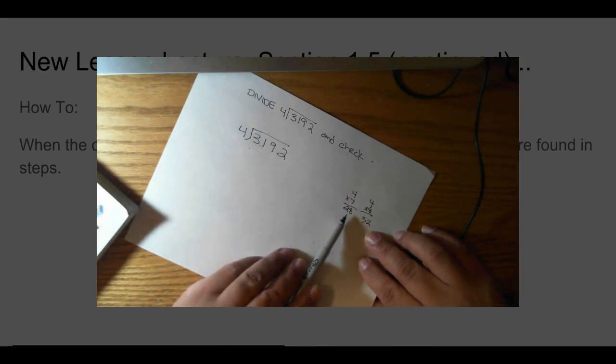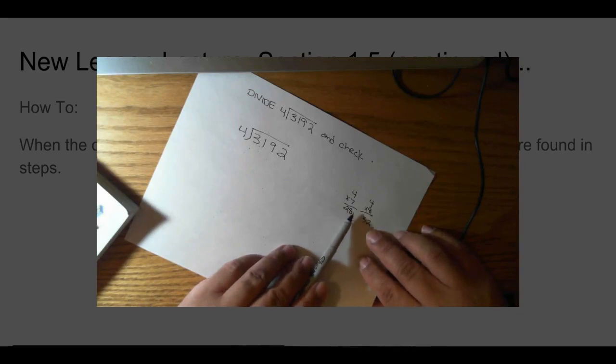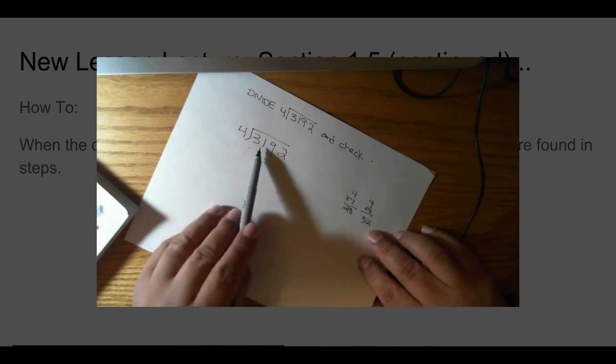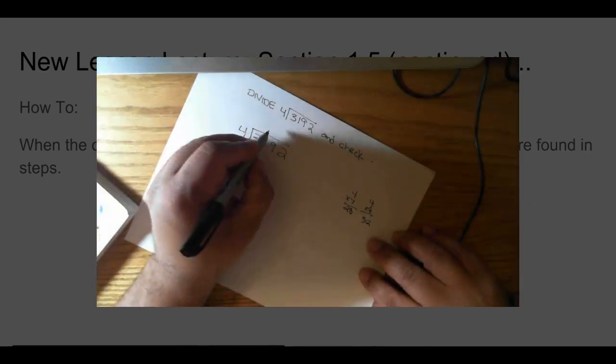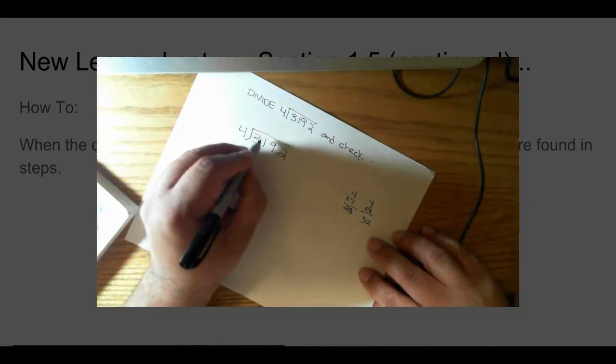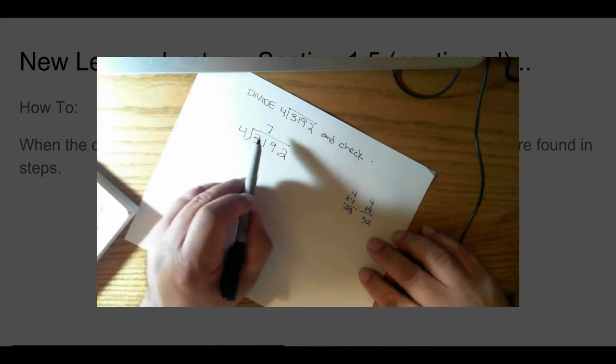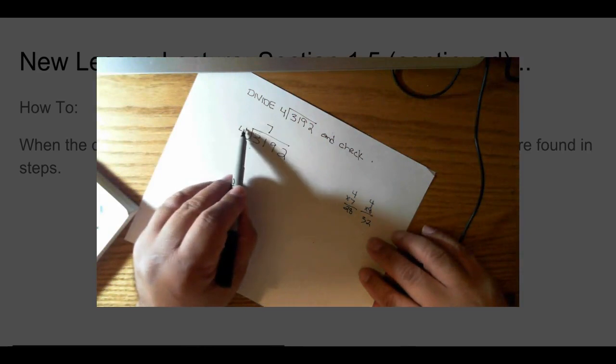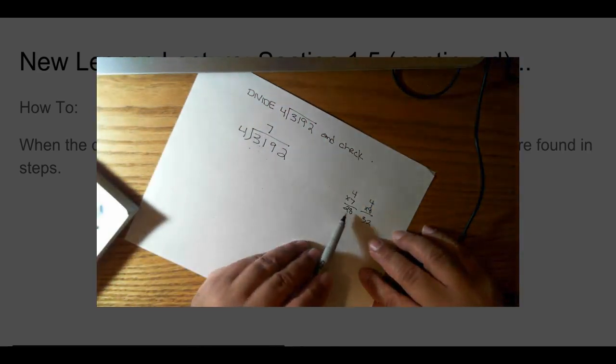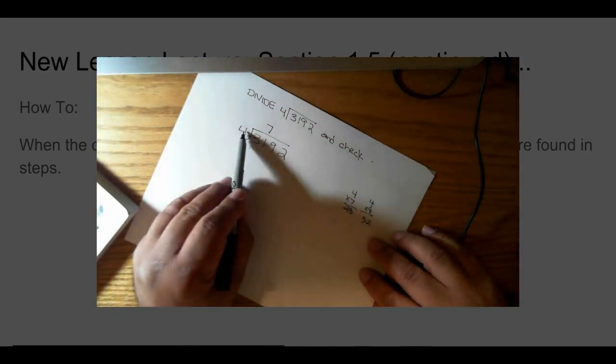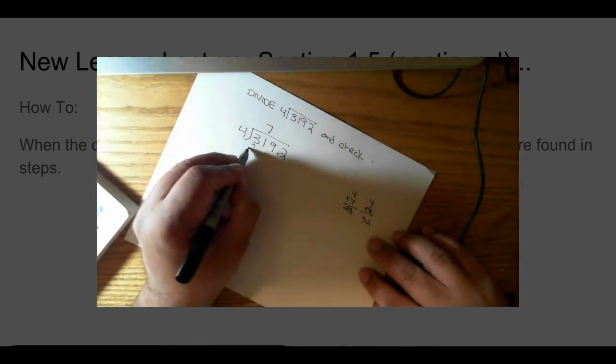We're going to have to use the one that's closest to this number without going over, which is 7. So now we write the 7 here, and from here we multiply. 7 multiplied by 4 is 28.